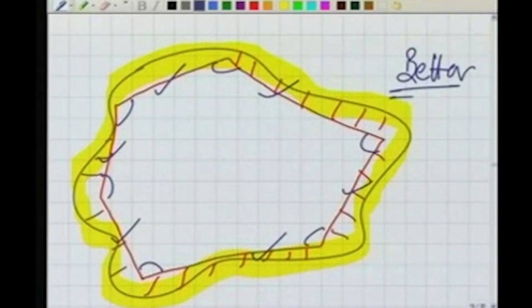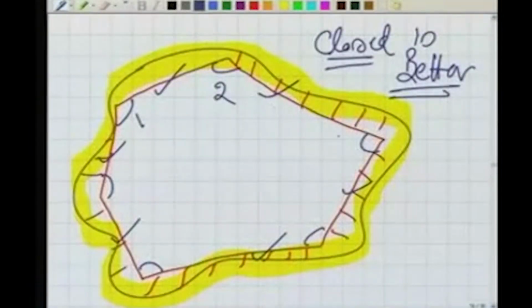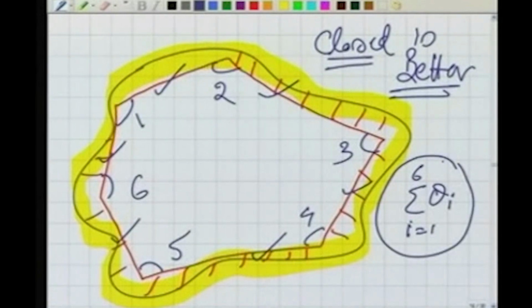The closed is better. Why is closed better? Because in the case of the closed, you have a check. For example, here, if we have 1, 2, 3, 4, 5 and 6 internal angles measured, you know what should be the sum of I1 to I6.